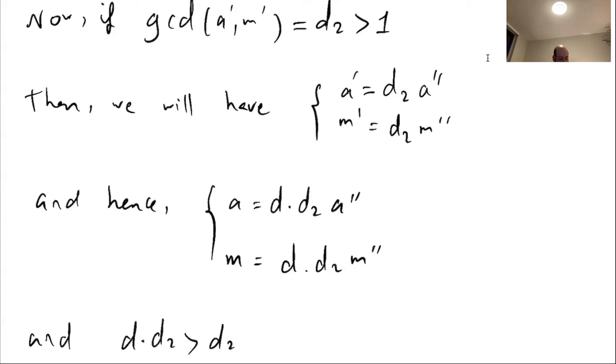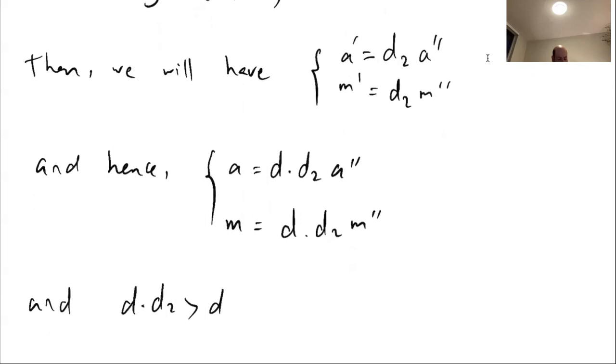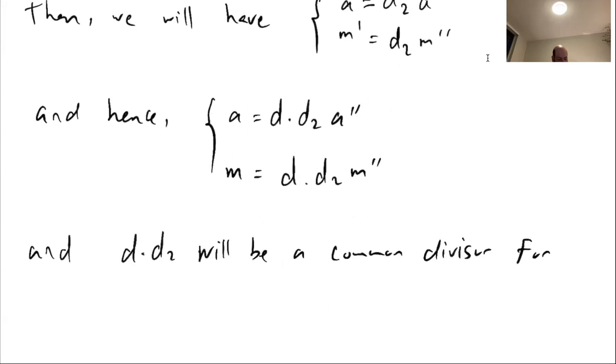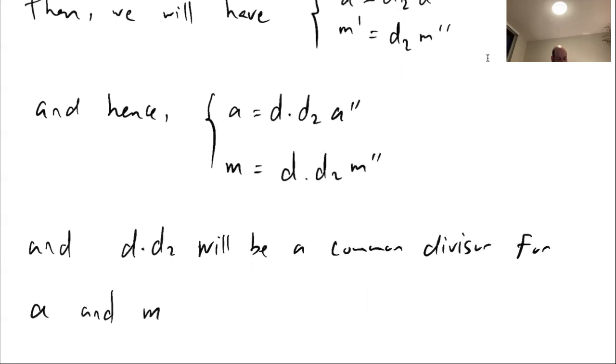Bigger than D. And D times D2 will be a common divisor for A and M, right?